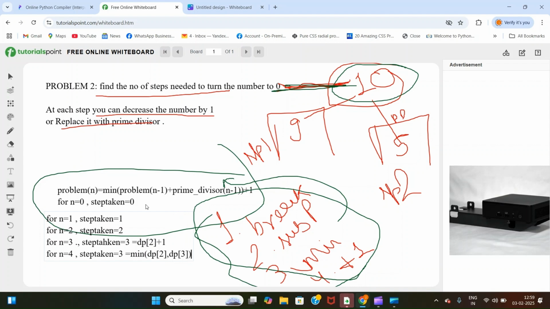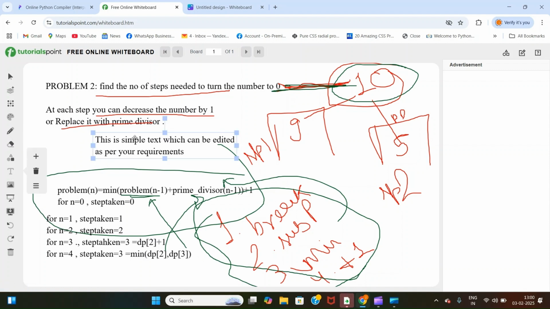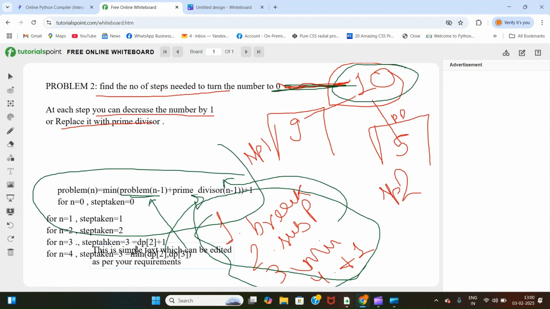Okay, means that minimum of the problem of n minus 1 by considering n minus 1, that is 3, and minimum of your prime divisor problem. And then what we did, then we have added 1 also. Okay. So this is our addition of 1.